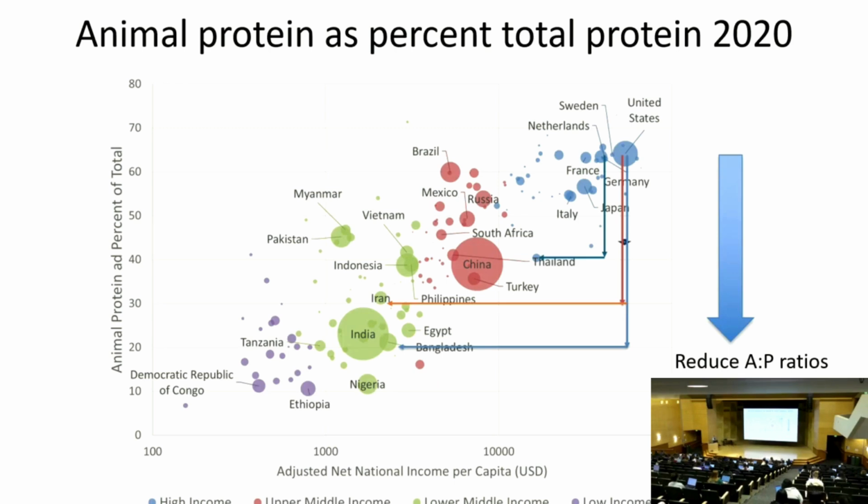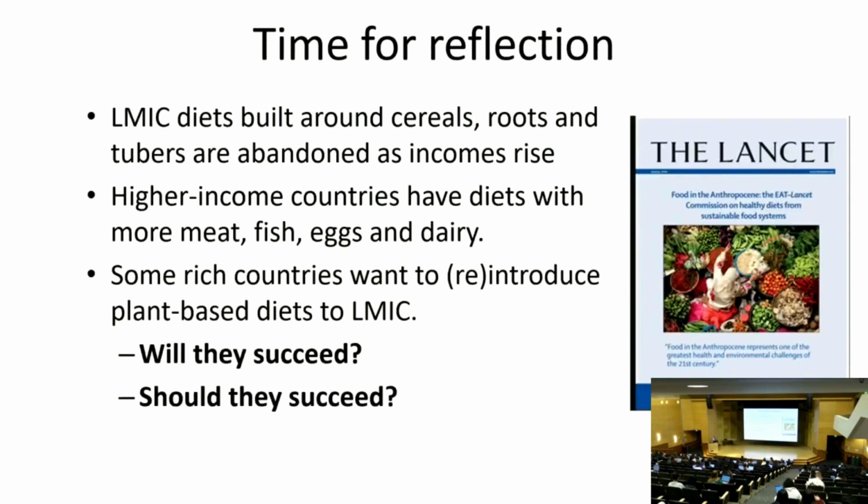So the question is, will the well-meaning efforts to reduce the animal-to-plant protein ratios in rich countries succeed? And then will such efforts aimed at low-income countries succeed as well? So this is where the reflection came in. As incomes go up, diets change.